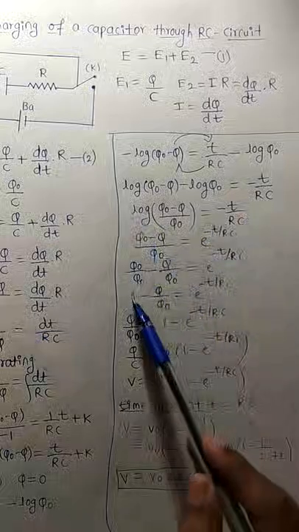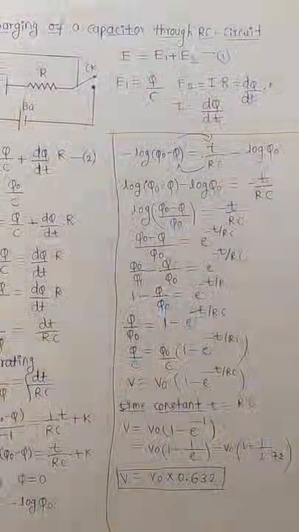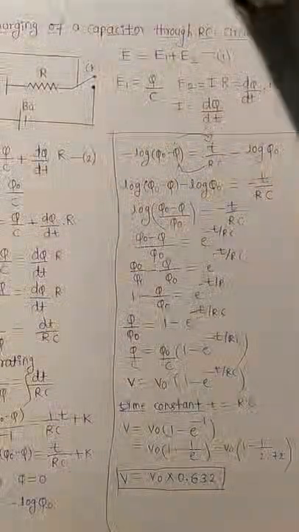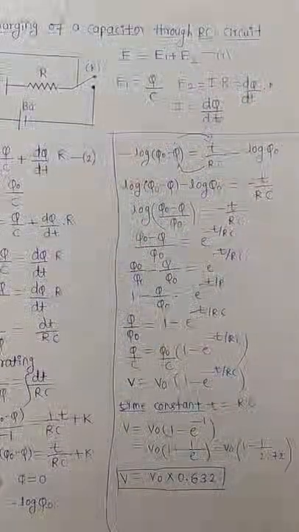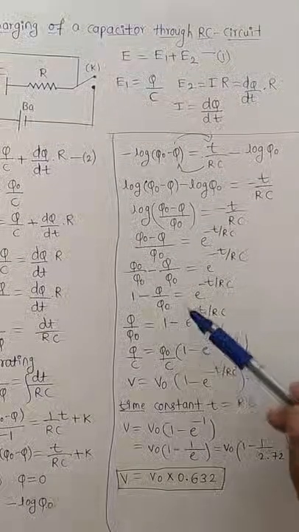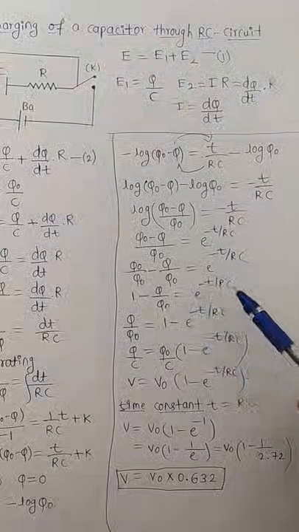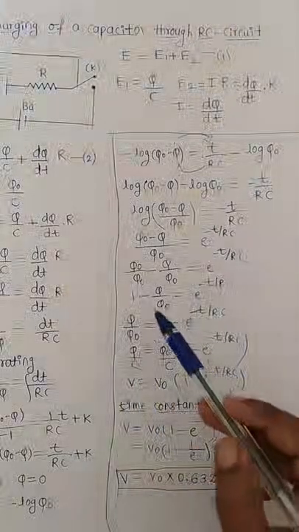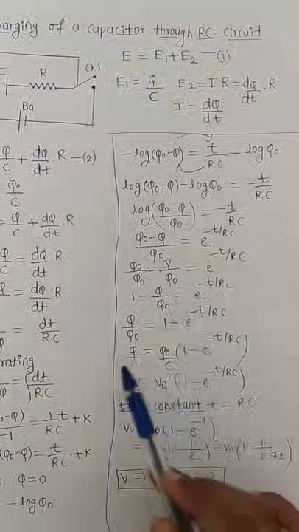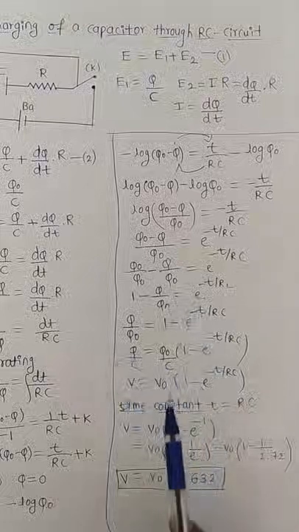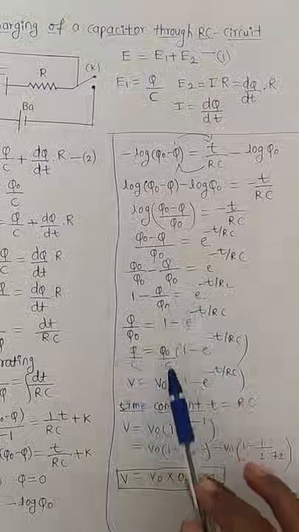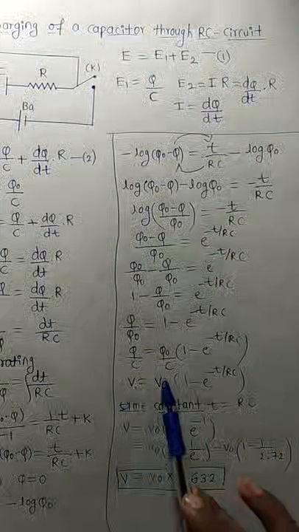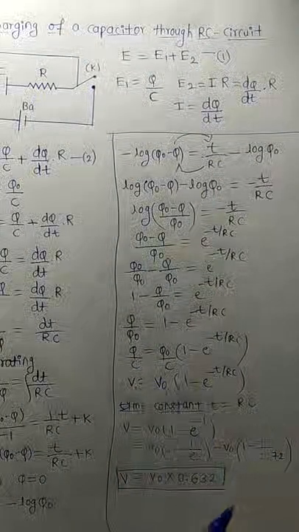So when we separate, we are getting 1 minus q by Q naught is equal to e raised to minus t divided by RC. Now keep q there and transfer Q naught, dividing by c on both sides. So we got q by c and Q naught by c, means this is the voltage at time t, and this is the maximum voltage in the circuit.